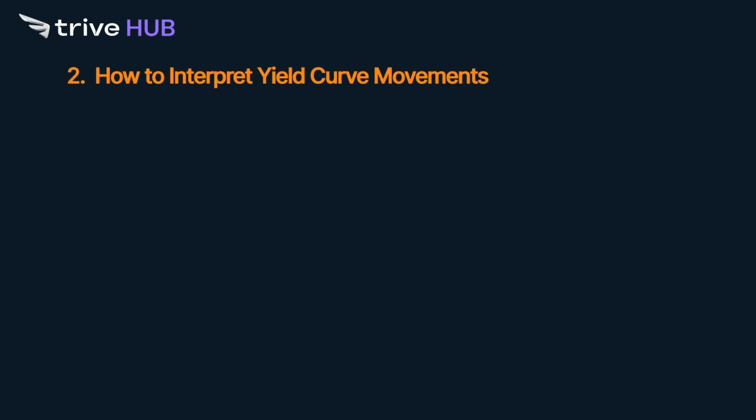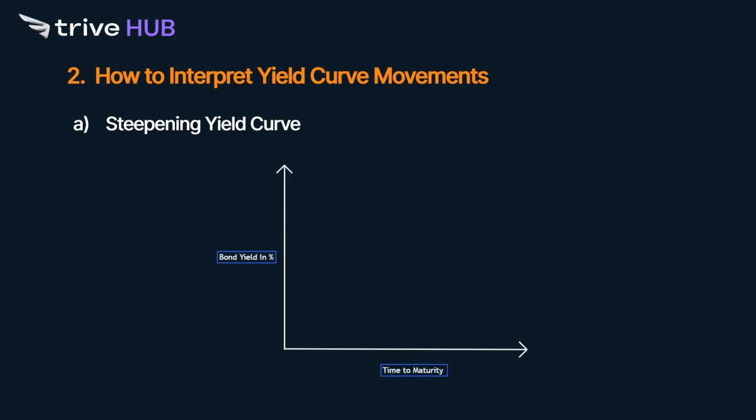Now, once you have gathered the data, the next step is to understand what the changes mean and how they could affect the Forex market. So let's quickly do an overview of which kind of yield curve shows what economic condition. The first one is the steepening yield curve.